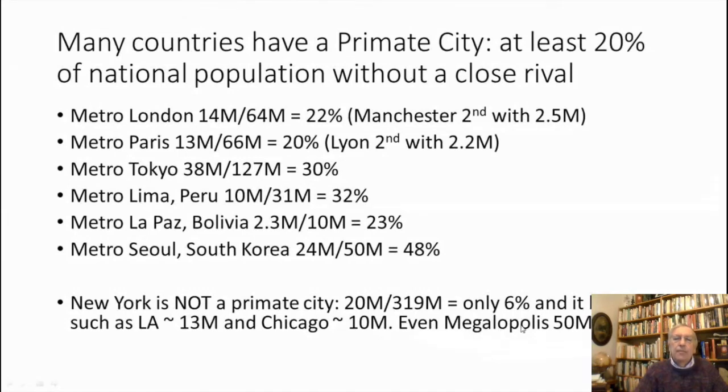Even when we're talking about megalopolis and that strip of cities from Boston to Washington, even if you add that all together, some people have said that really, that entire megalopolis strip is the United States' primate city.